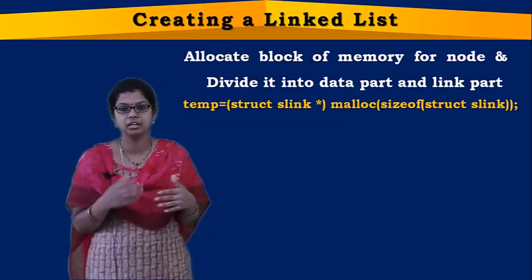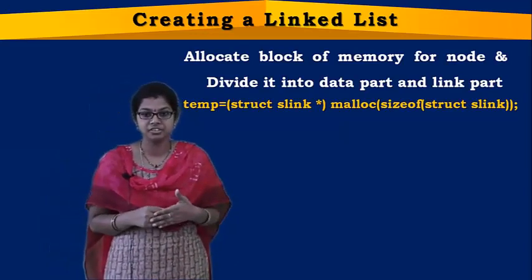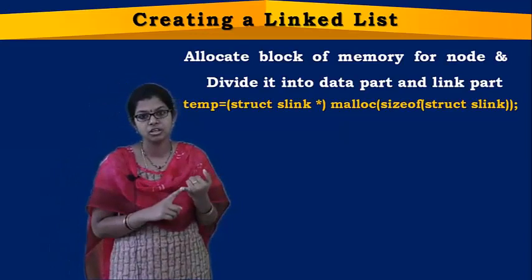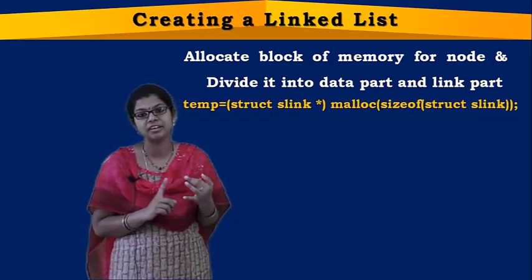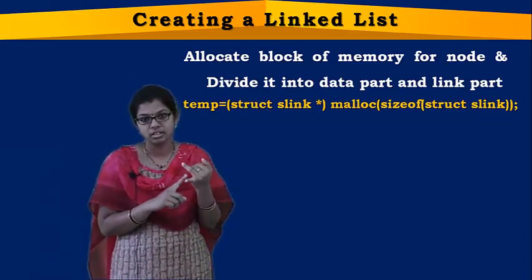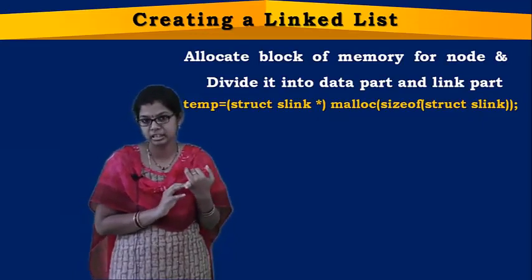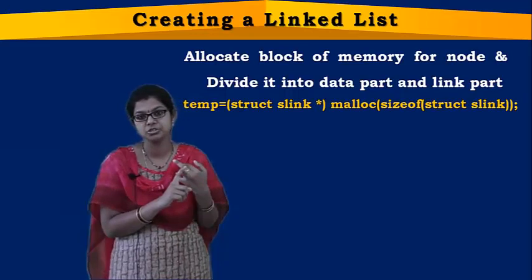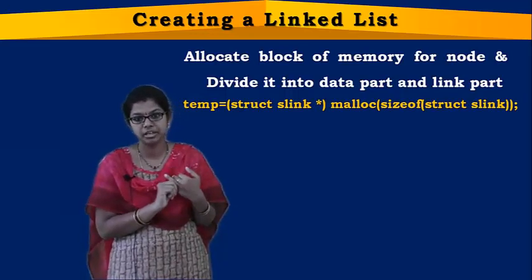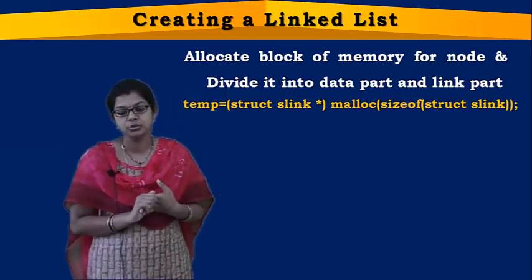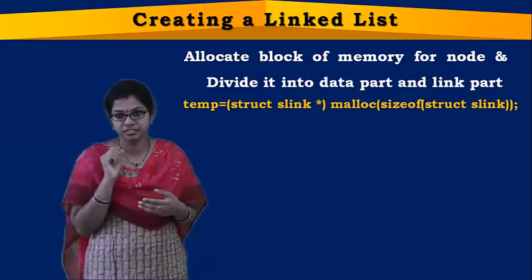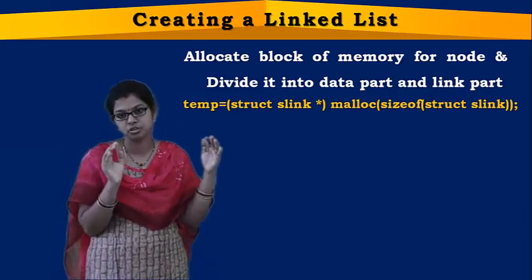What are the dynamic memory allocation functions in C? malloc, calloc, realloc, and free. The malloc, calloc and realloc functions are used for allocating memory, and the free function is used for deallocating memory. Mainly we will be using the malloc function for allocating blocks of memory.